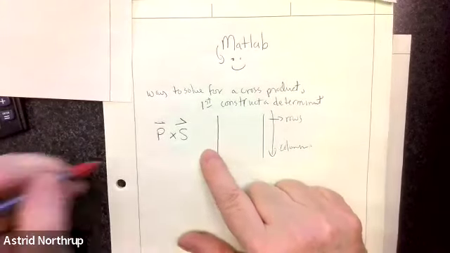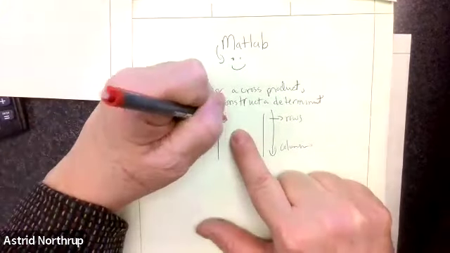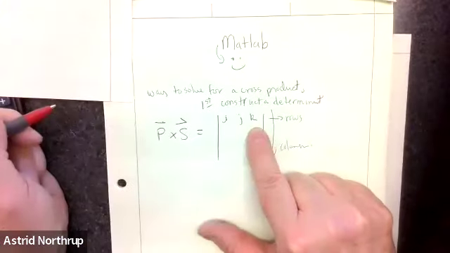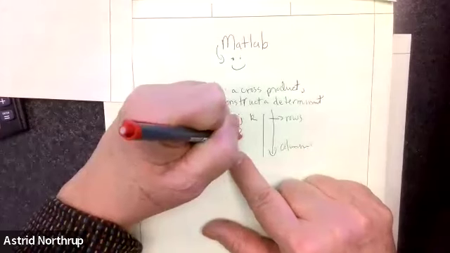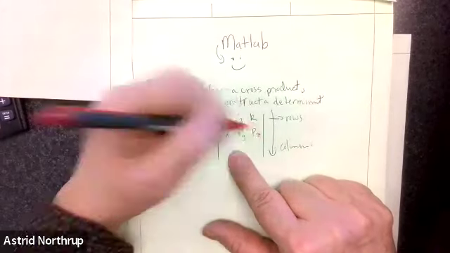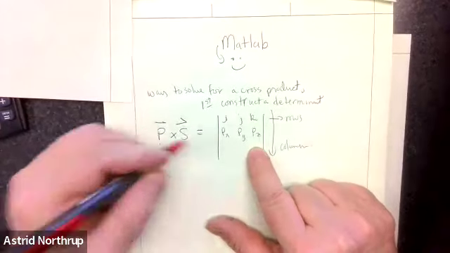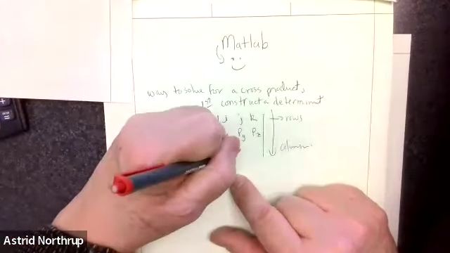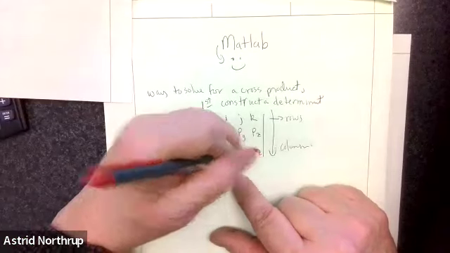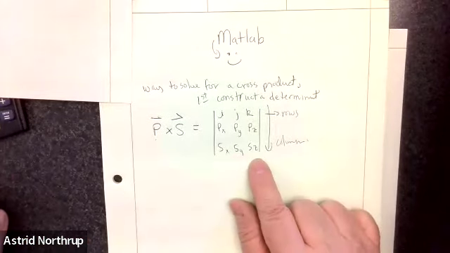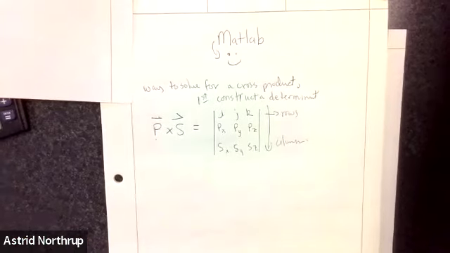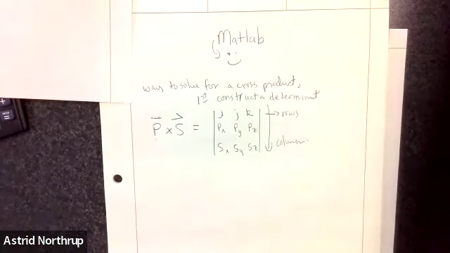When you're doing a cross product between 2 vectors, the first row are the unit vectors i, j, and k. The second row are the components of vector p in the x, y, and z directions. And the final row are the components of the vector s in the x, y, and z directions. And why is that? What was the unsatisfying answer I gave you in my office, Jace? Why is this how the determinant works out?